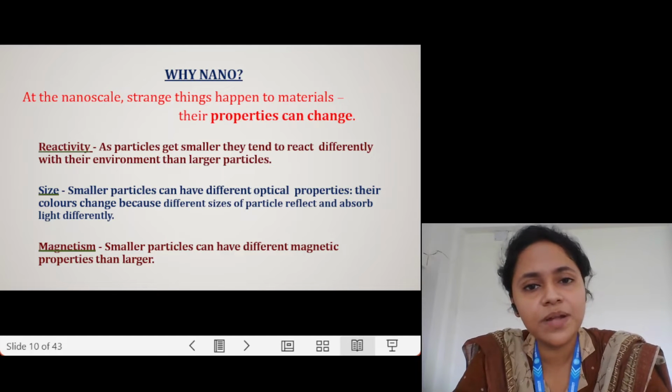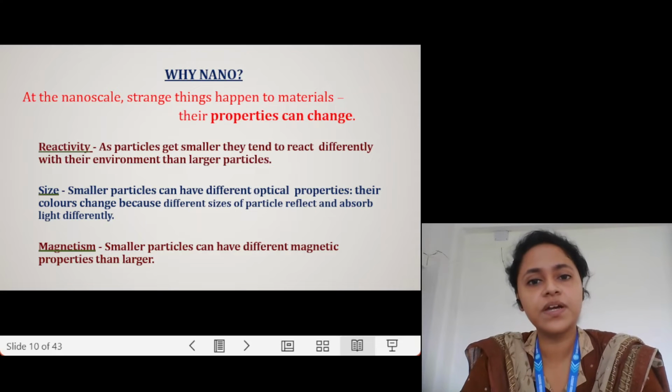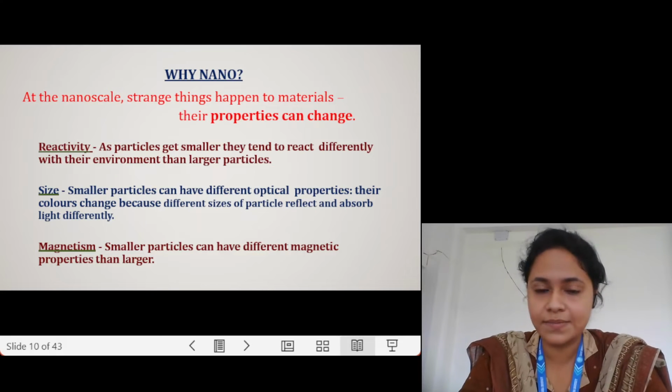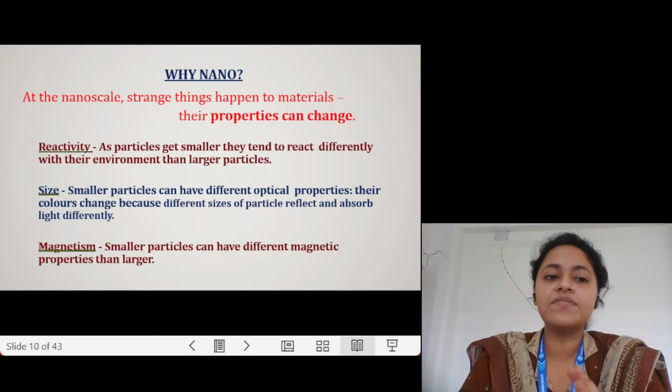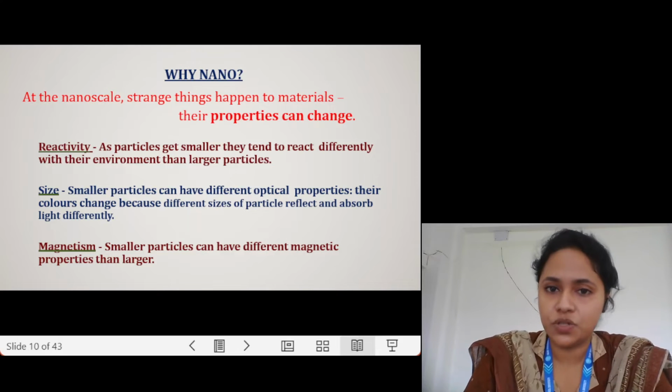Then why are we going to nano dimensions? It is fine, we are okay with the bulk dimension, so why go into nano dimension? The reason is that there are some advantages. What are the advantages? At nanoscale, strange things happen to materials: their properties can change.